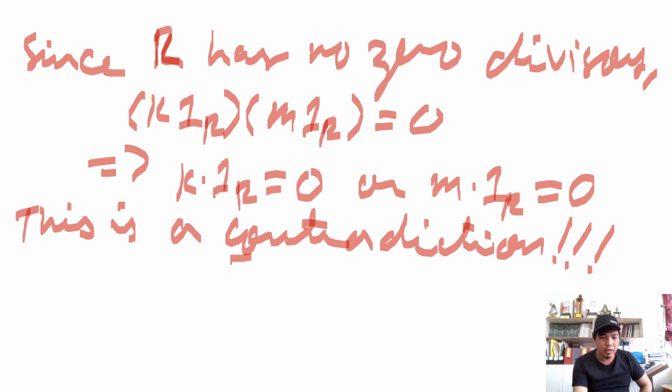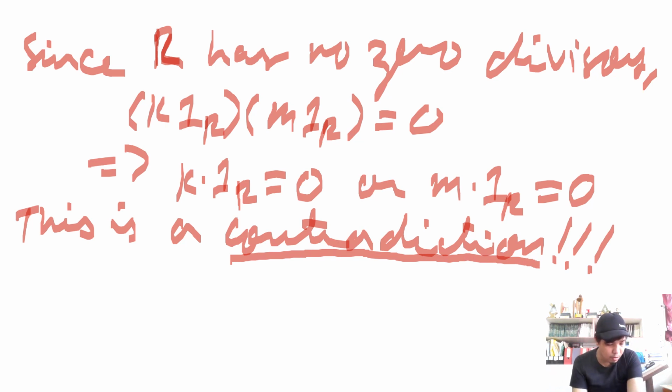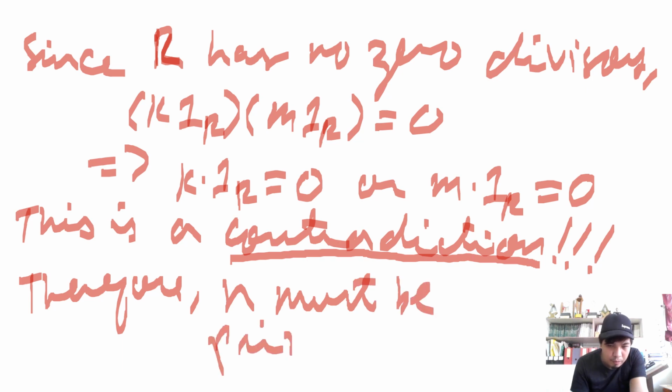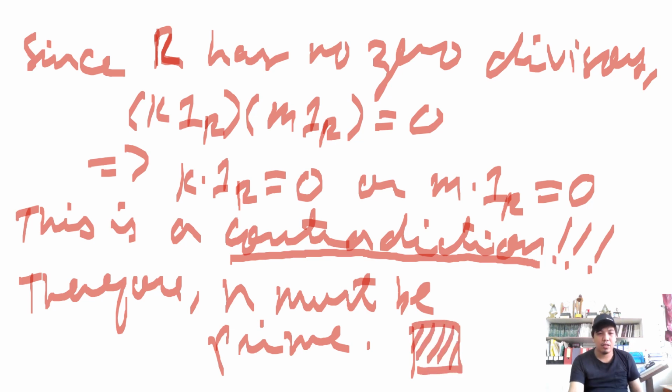So clearly, this is a contradiction. Since this is a contradiction, we may conclude that therefore the integer n must be prime. Okay, and that completes the proof.